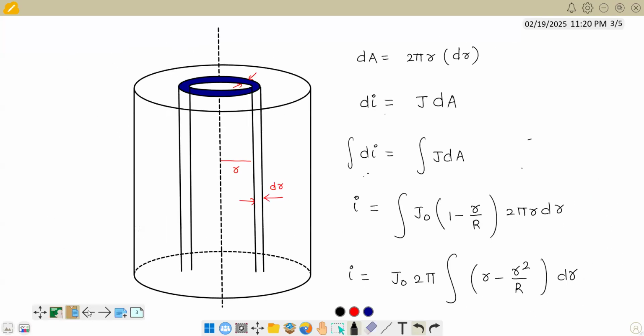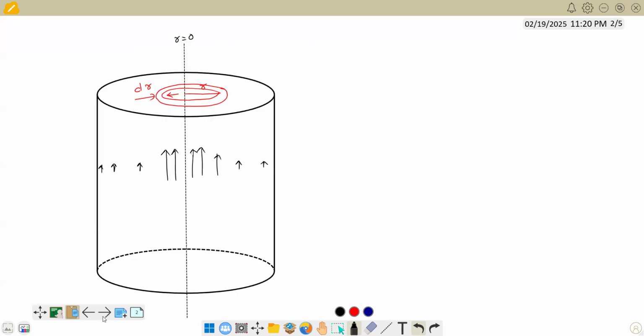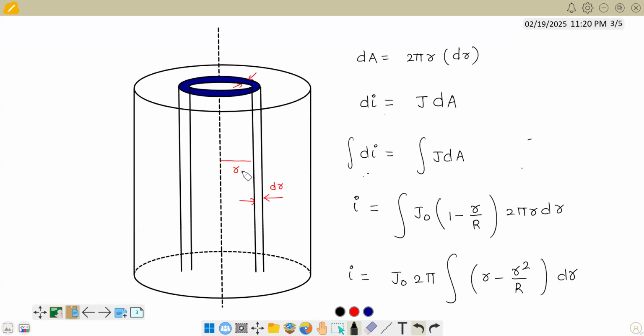Hope you understood how I have solved. Again, I will repeat what we have done. He has given that J is changing continuously with the distance, and he wants the current flowing from r equals 0 to r equals R by 4. Since we want the current in this region, we have used the concept of integration.